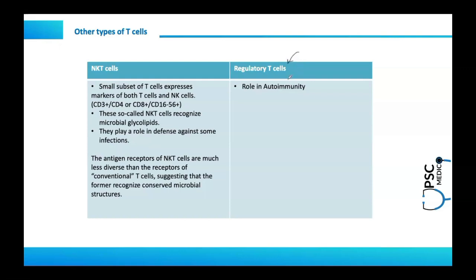So that's the basic difference. I'm not touching regulatory T cells. Yesterday we discussed they are a part of peripheral tolerance, and whenever there is a dysregulation of these regulatory T cells, it leads to autoimmunity. And what do they control?